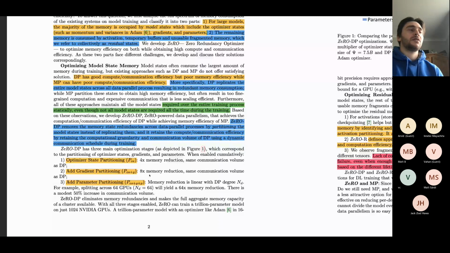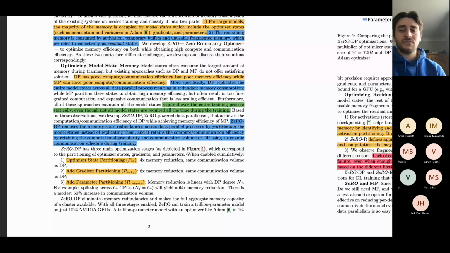They say over here that it can reduce memory by 64 times. And the key idea that they say over here is partitioning model states instead of replicating them, and it retains the compute/communication efficiency by retaining the computation granularity and communication volume of data parallelism using a dynamic communication schedule during training.